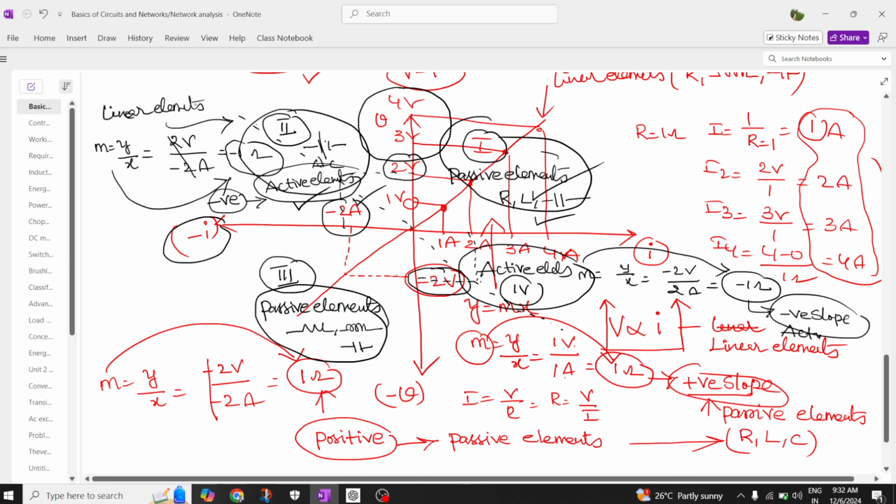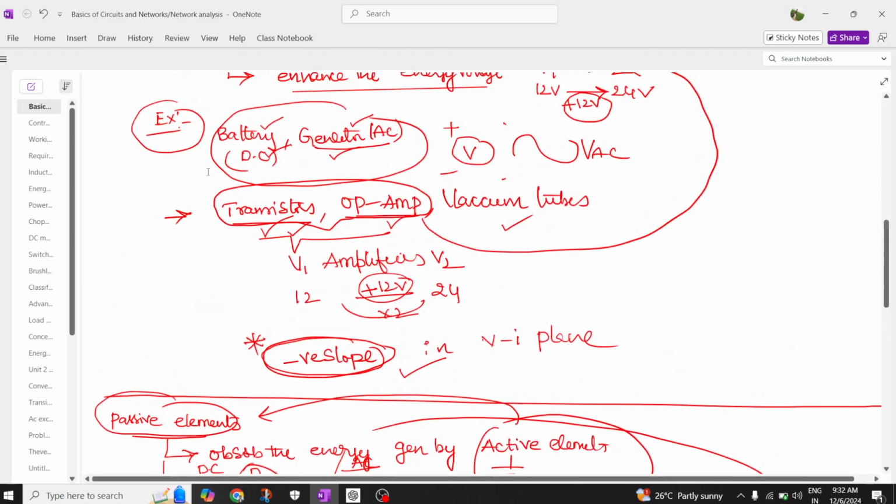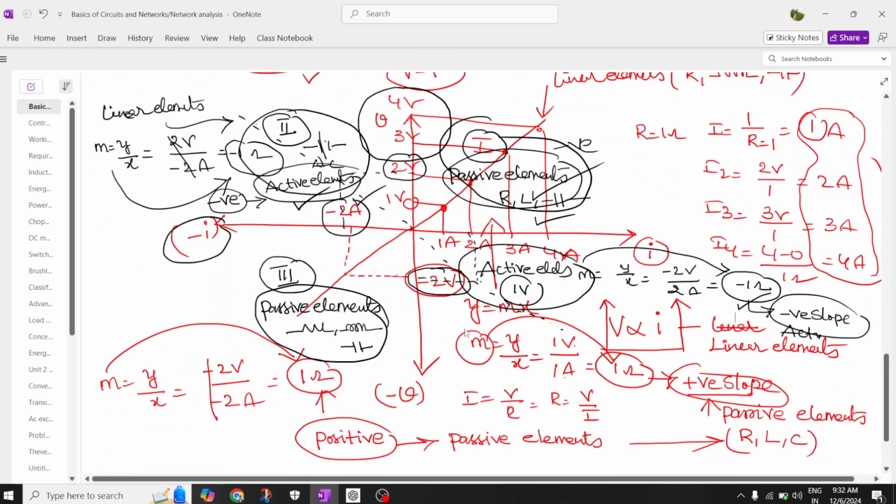So just remember, passive elements have positive slope and active elements have negative slope. This is very simple to understand the quadrant operation.